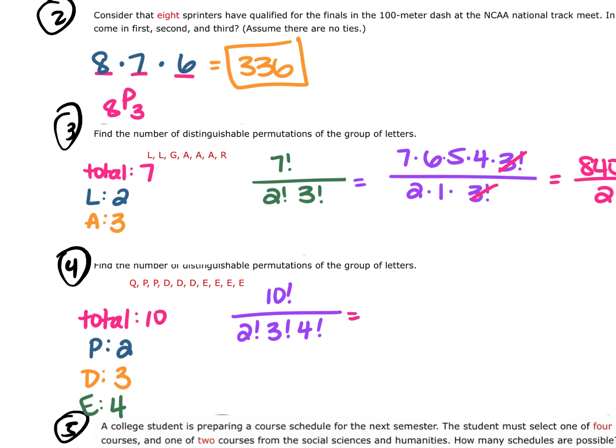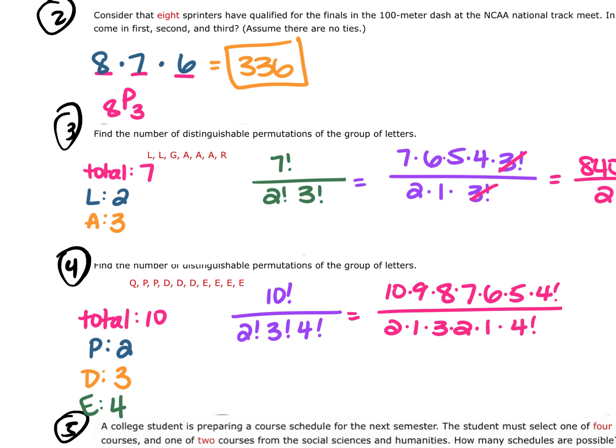This gets rewritten as 10 times 9 times 8 times 7 times 6 times 5 times 4 factorial over 2 times 1 times 3 times 2 times 1 times 4 factorial.